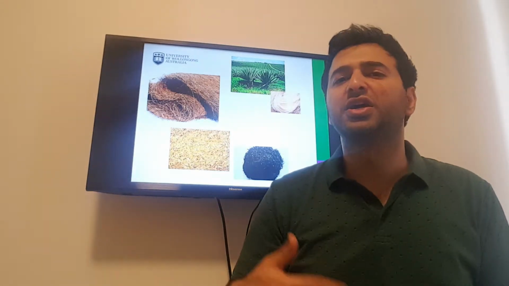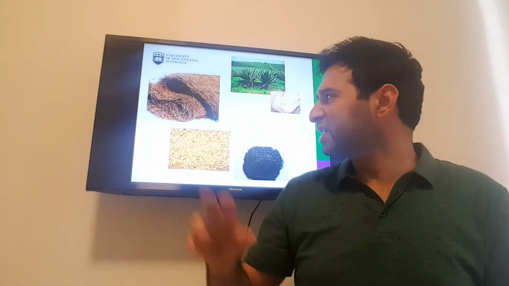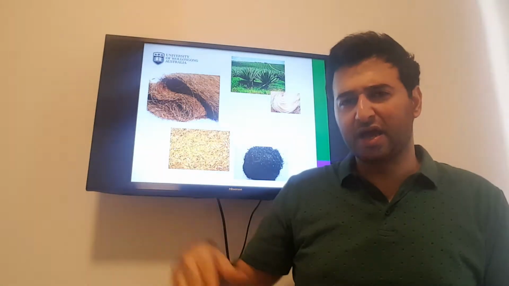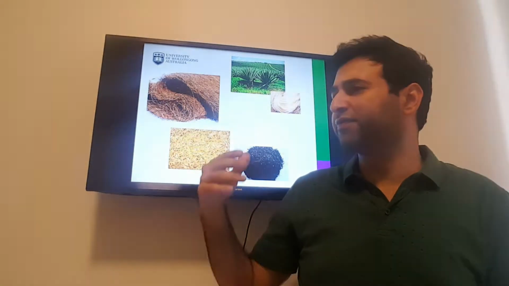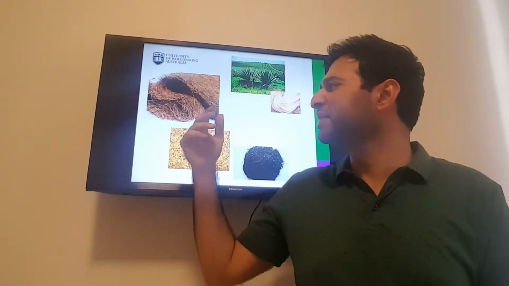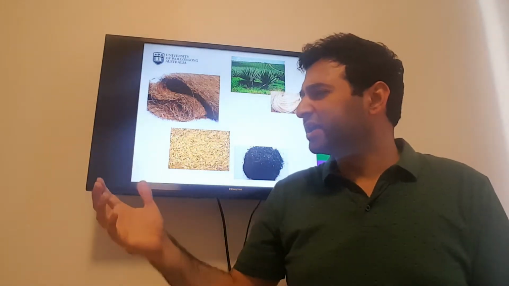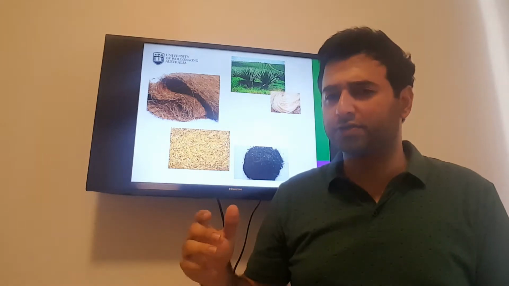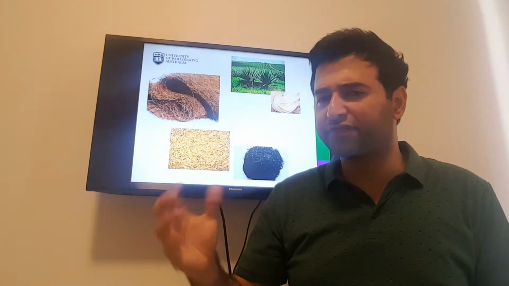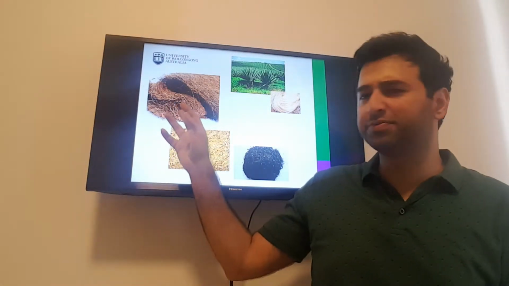I found traditional methods. In Africa, people use the cover of the coconut for settlement. You can see it in the picture.